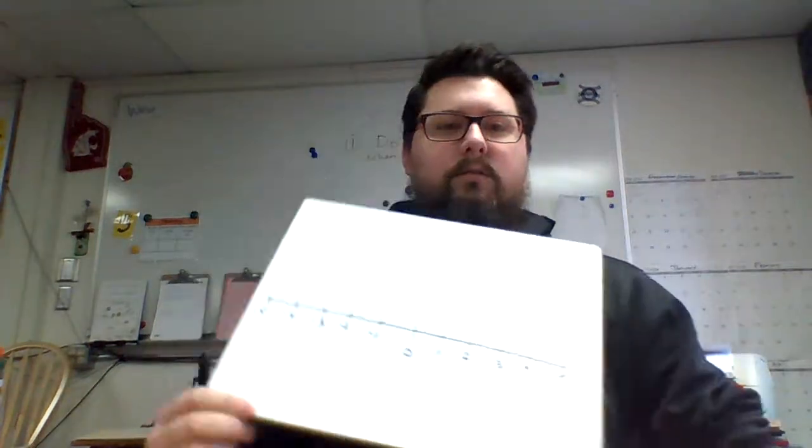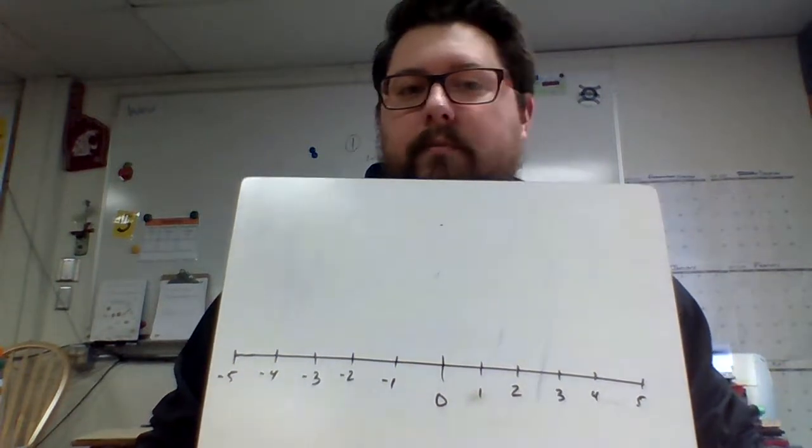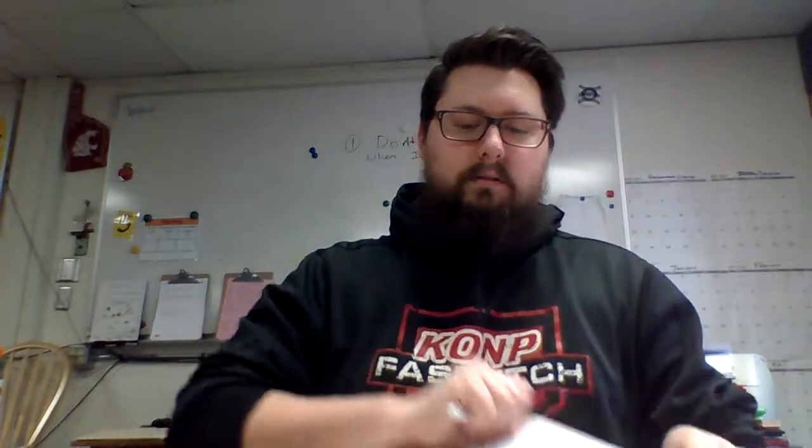A couple of things that I'm going to want you to do today. Think about the numbers that you're working with on a number line. So one thing that I would like you all to do is just create a number line from -5 to +5. One of the best ways to think about positive and negative integers is really just to draw it and visualize where they would actually fall on that number line.